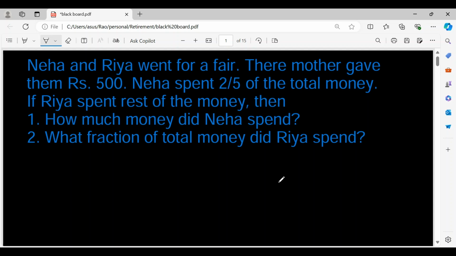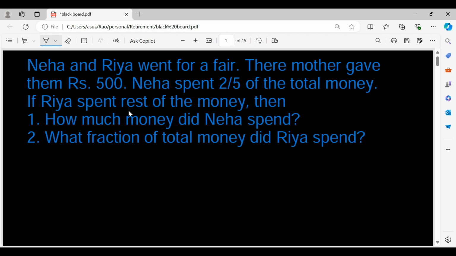Good morning, students. As usual, we first read the whole problem and then we will dissect it into two parts. One part will be of the known information, meaning what has been given, and the second part will be of what we are required to find out.